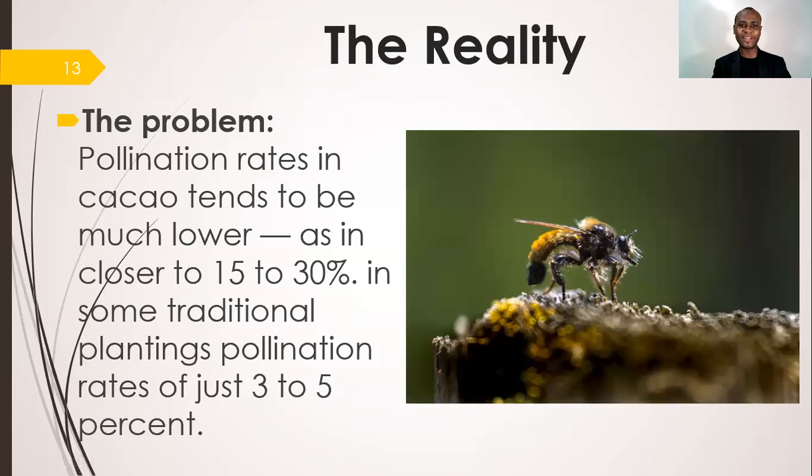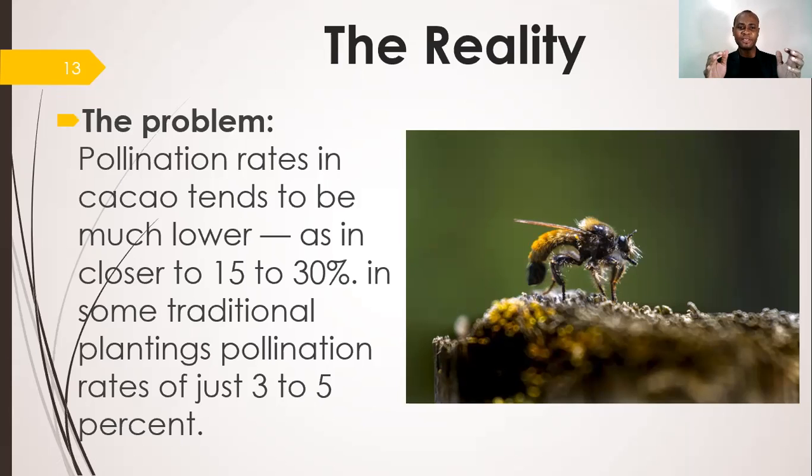Okay, the problem: pollination rate in cacao tends to be much lower, usually between 15 to 30% in most traditional cacao plantations, okay, just that. So only 15 to 30% tend to be pollinated.